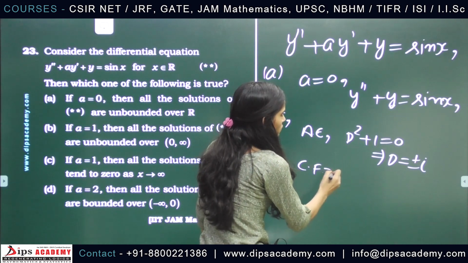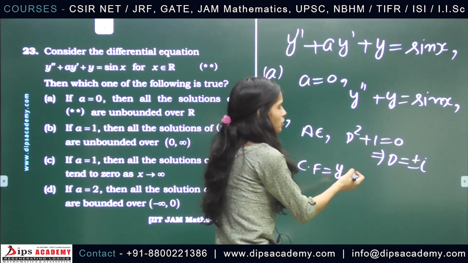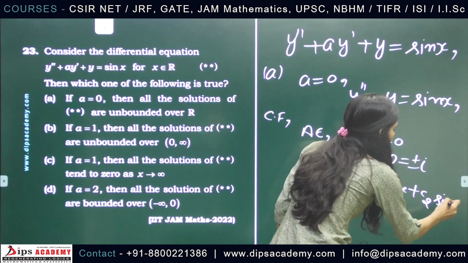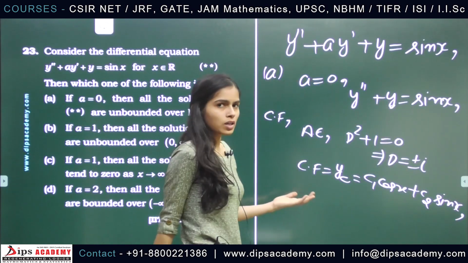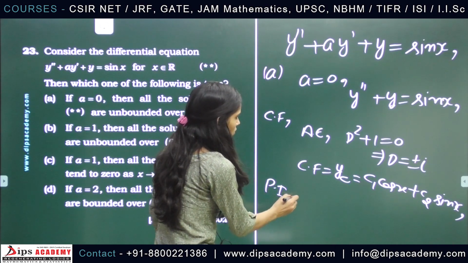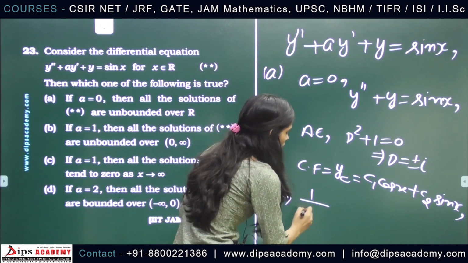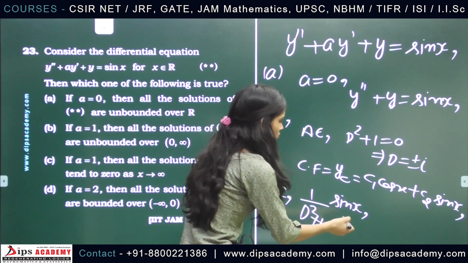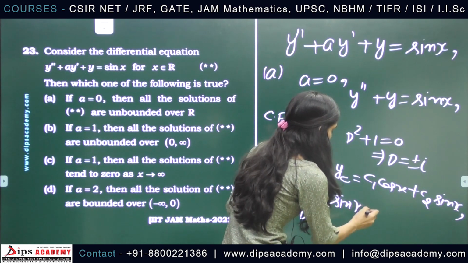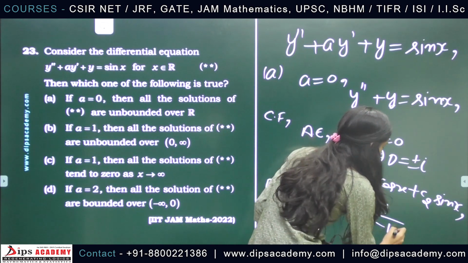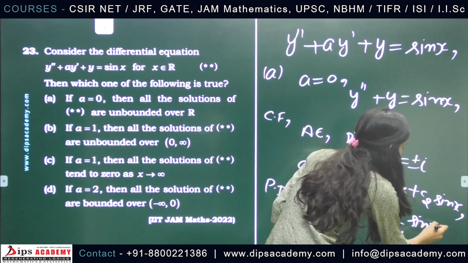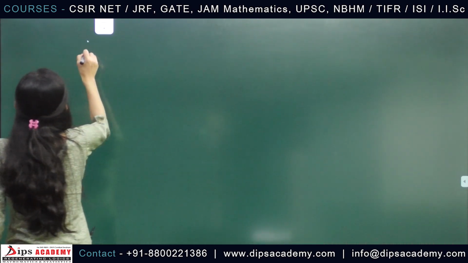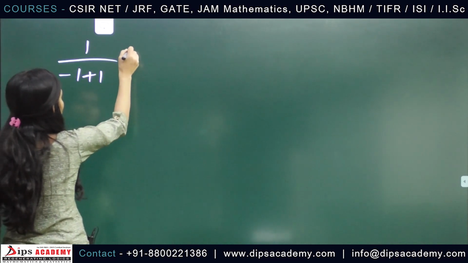The complementary function, denoted yc, equals c1 cos x plus c2 sin x. The particular integral in this case is 1 over (D squared plus 1) sin x, which is 1 over (minus 1 plus 1) sin x.